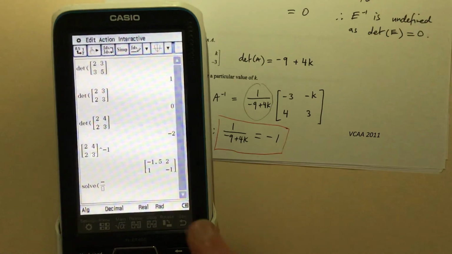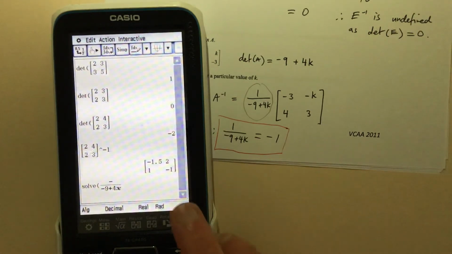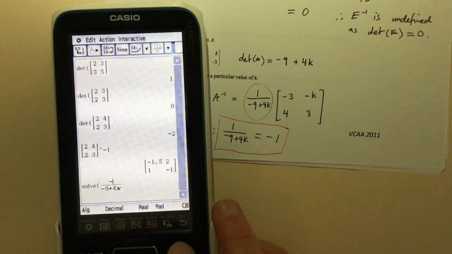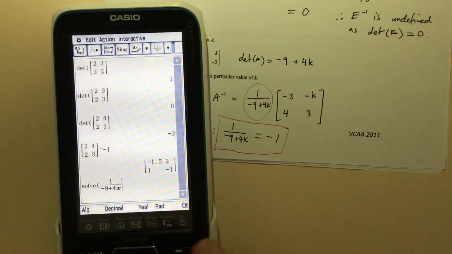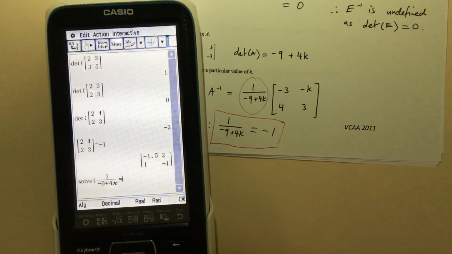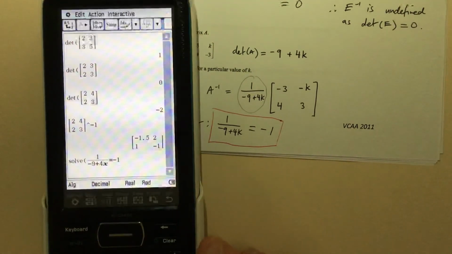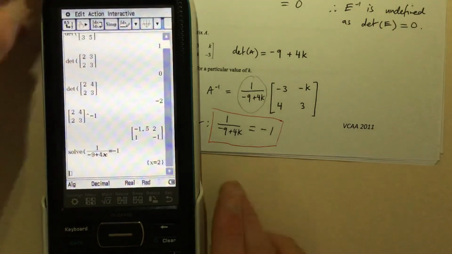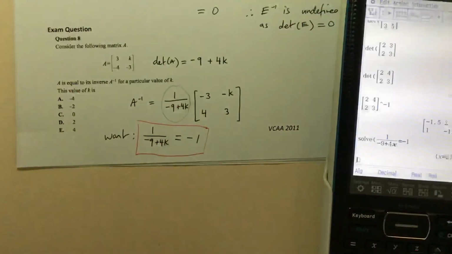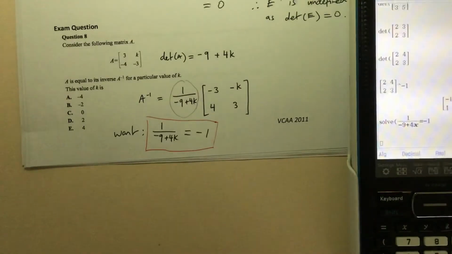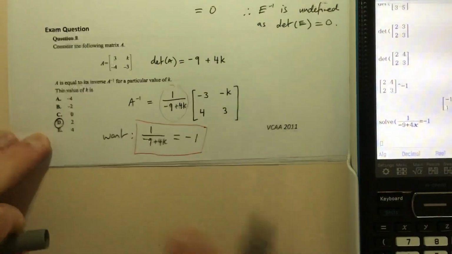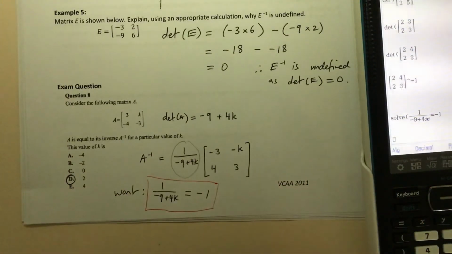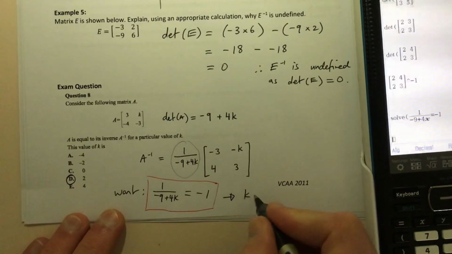So we've got 1 over -9 plus, now you can go to the keyboard and use K, but I'm just going to use X because the calculator always tries to solve for X. And we get X equals 2. We're going to hope that's one of our options. Yes, it is. So the answer is that K is equal to 2.